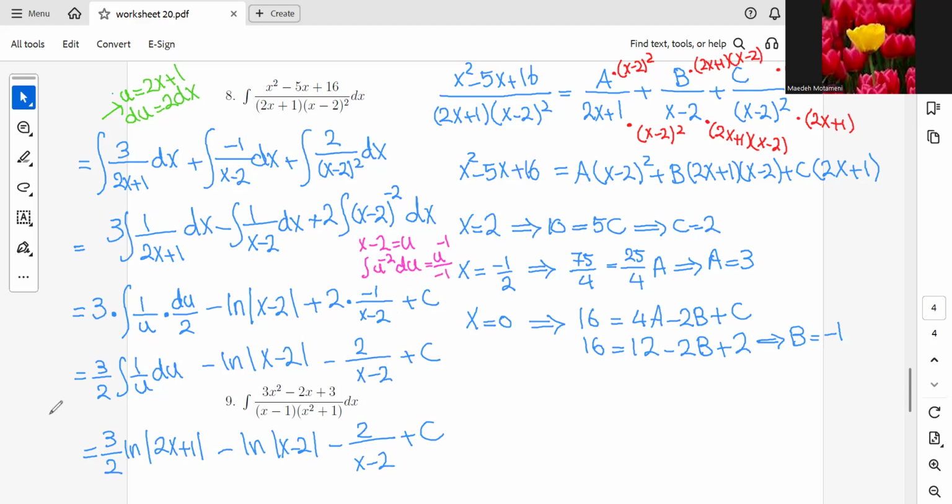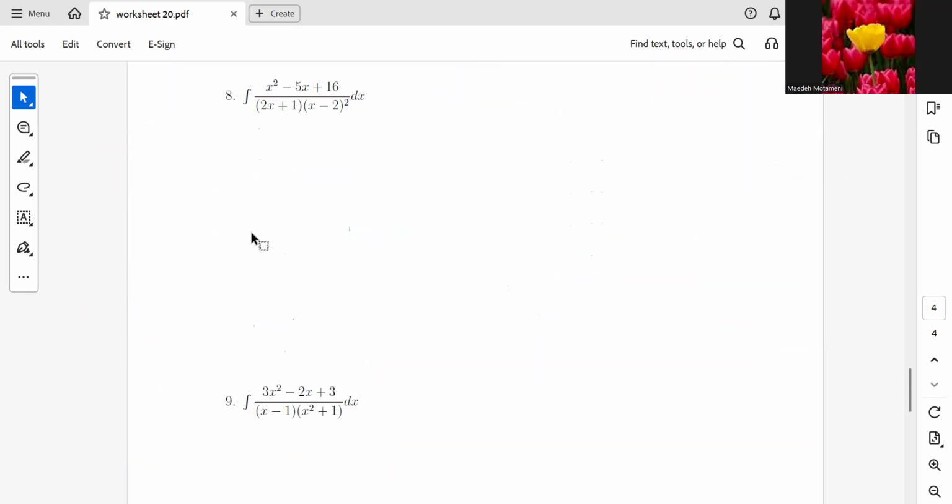Let's do the last one, number 9. So number 9 is already factored, and the degree of the top and bottom are the same. No, they are not the same. The degree of the top is 2, the degree of the bottom, 2 here, 1 here, will be 3.